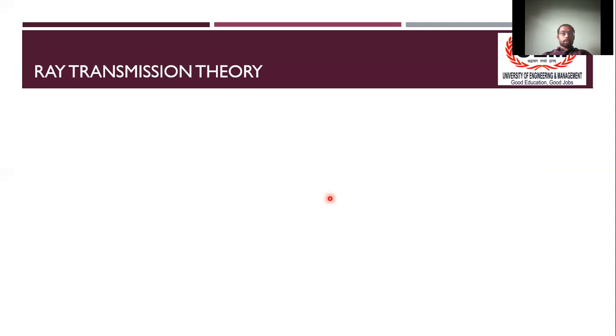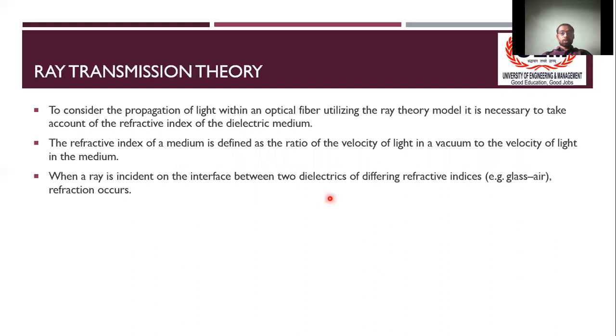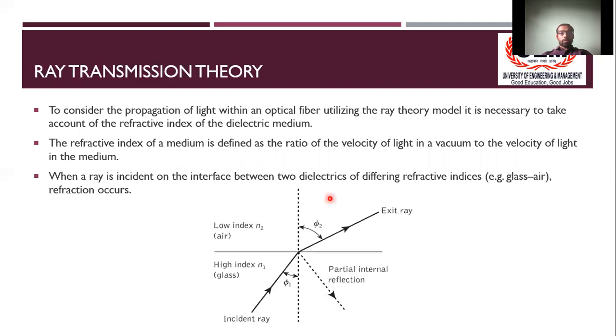Now in school physics, we have all studied light, and the basic equation which defines it is Snell's law. So here we will consider Snell's law to understand the behavior of light traveling through this optical model.